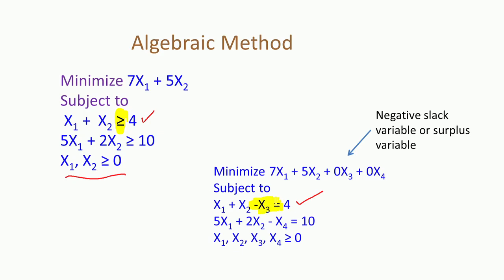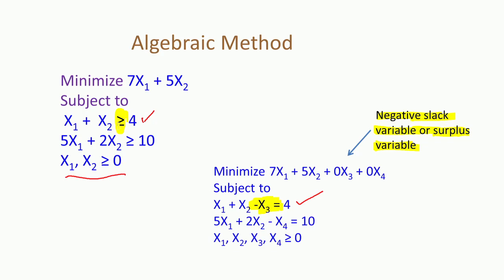Now, this x3 is called a surplus variable. It is also a slack variable, but because x3 has a negative sign, it is also called a negative slack variable or a surplus variable.